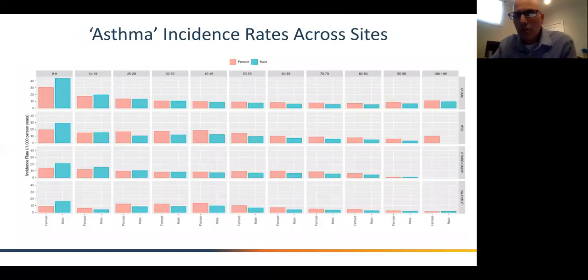But we can also look, for example, at the distribution across age and gender. So when I look at asthma, and I put this in quotes because it's a phenotype, it's not a code for asthma, but a definition, I see that, yes, young people do in fact have asthma with greater frequency, and males have it with a greater frequency across all of these different sites, and that goes down over time.